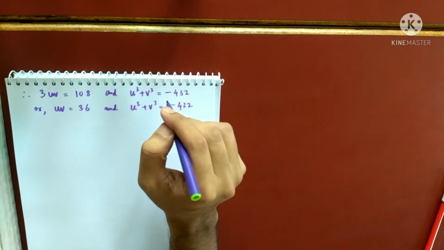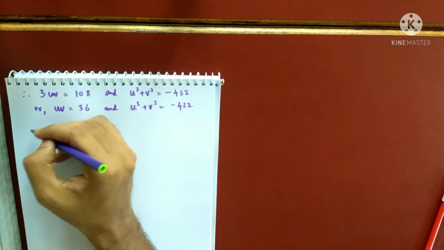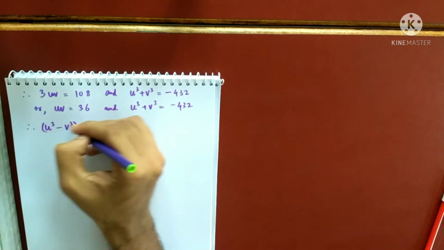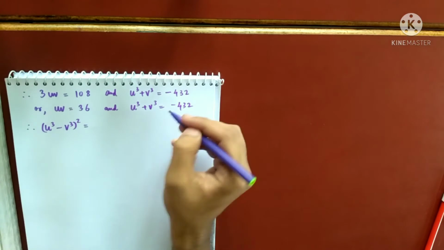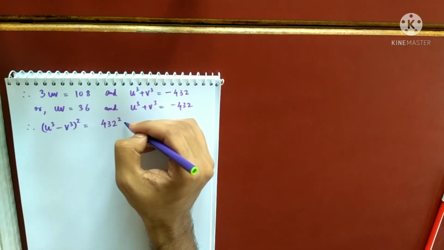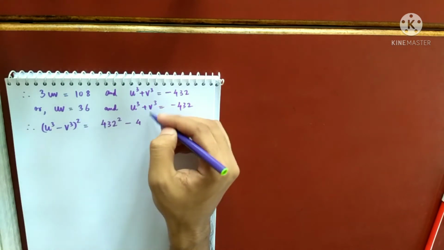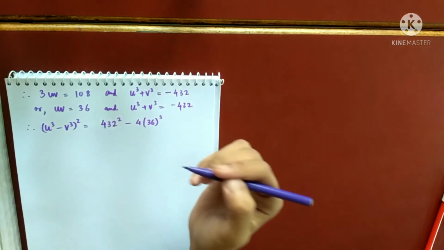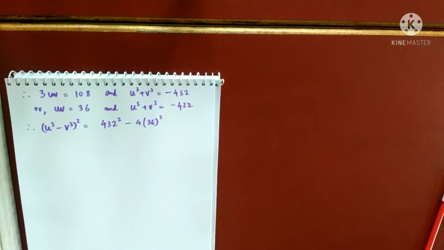Now you have to compute u cube minus v cube whole square, which is nothing but u cube plus v cube whole square minus 4uv whole cube, that means 432 square minus 4 into 36 cube. So you have to take help of your calculator.